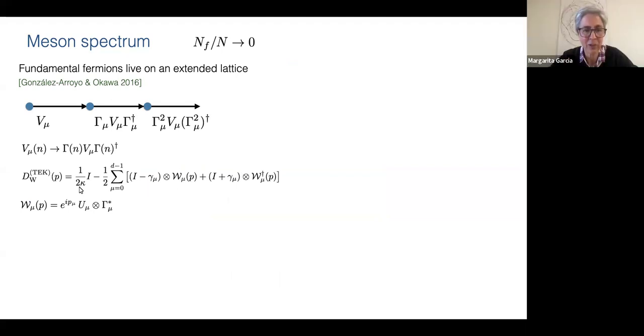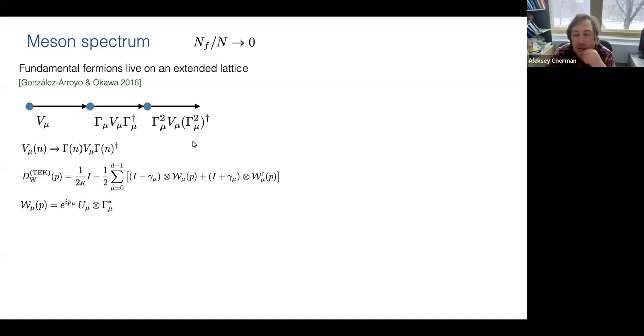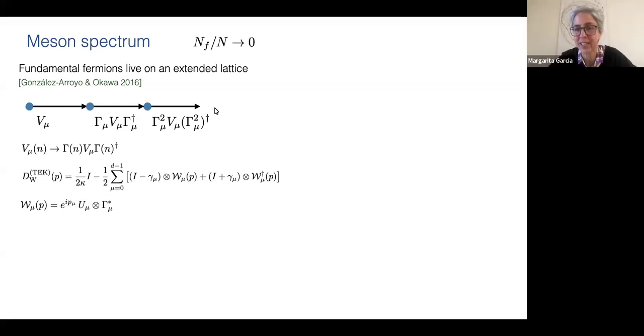You can construct a fermion propagator in momentum space. Can I draw this? You do the extended lattice, okay? And then for the fermion, you get dependence on momentum in this way. But if I do that for a loop that I have here, you see this link is displaced in this way.